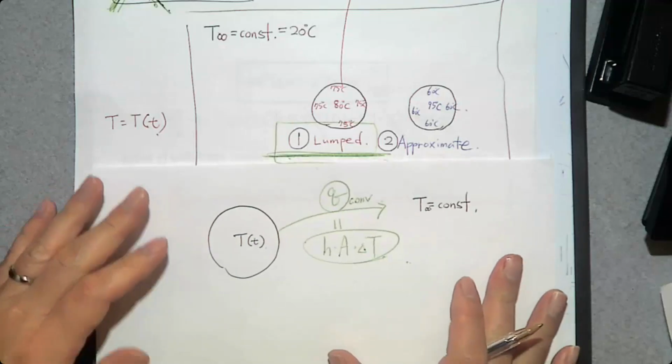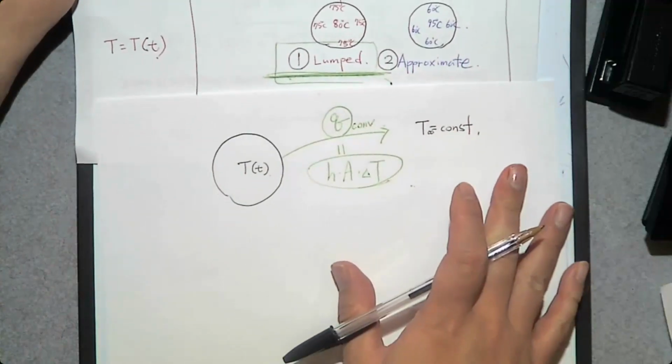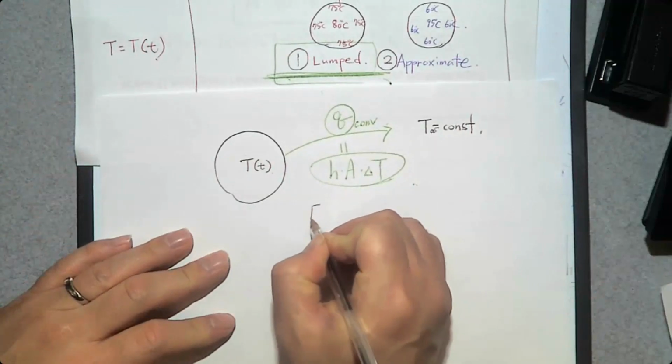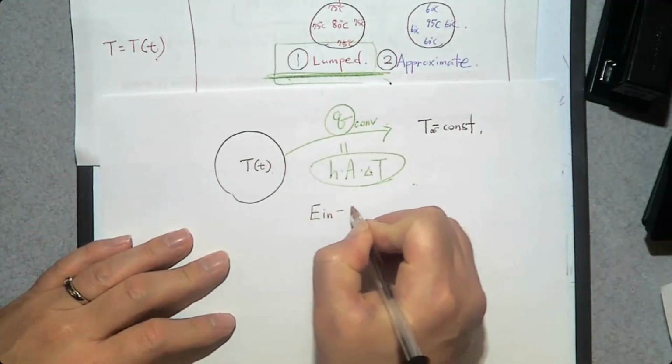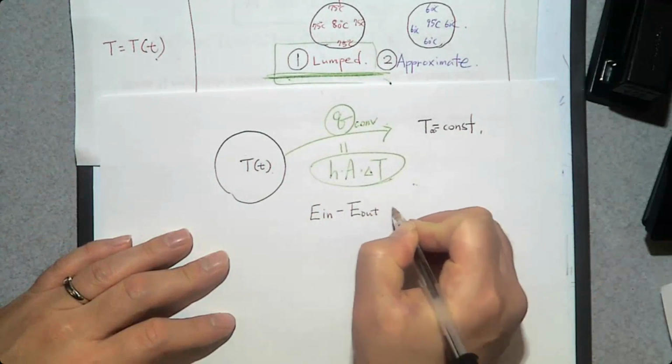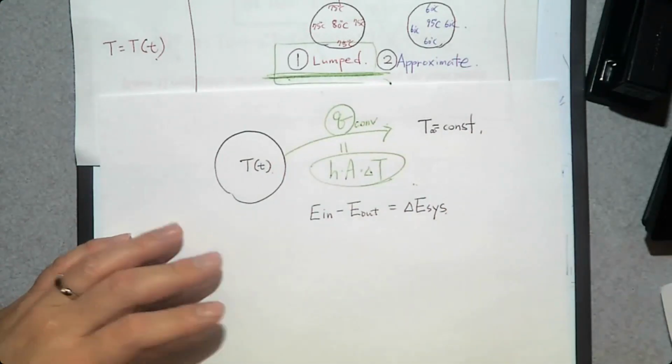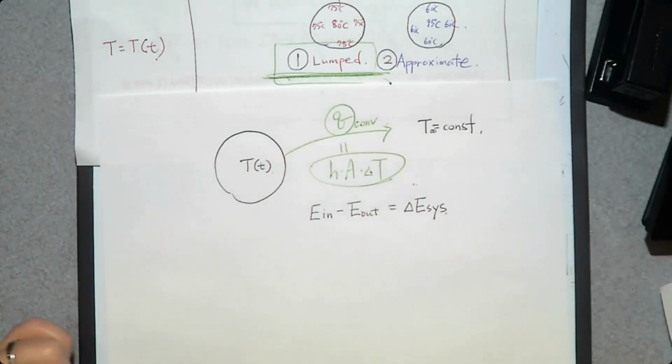Then let's solve this one by using the energy balance equation. So what is the energy balance equation? Energy transfer in minus energy transfer out is going to be the change of energy of a system. Then what kind of energy transfer do we have? We have a heat transfer, Q, that goes out. So it will be E out. But Q is not E out. Q is the rate of heat transfer.